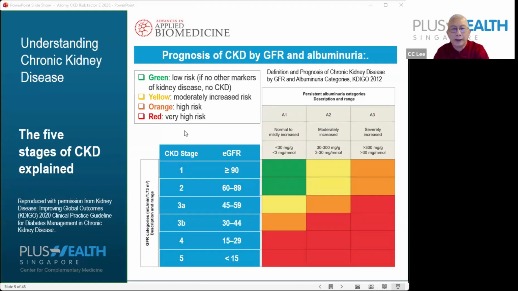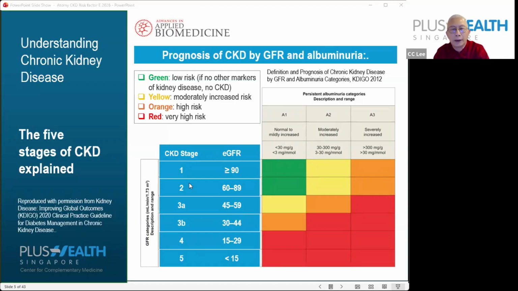from CKD. And in this table here, you can see that for eGFR of CKD stage 1, if you have high albuminuria, which means that your kidney is also having damage, you do have a higher risk of CKD. And of course, when your CKD stage increases, that means your filtration rate drops.